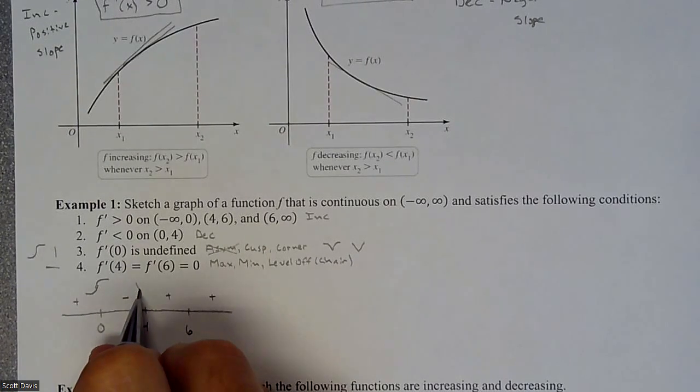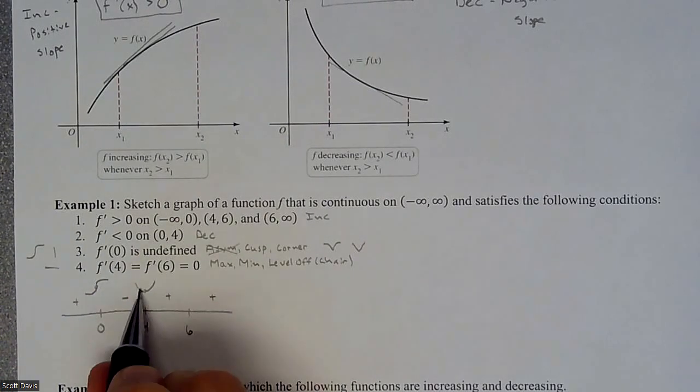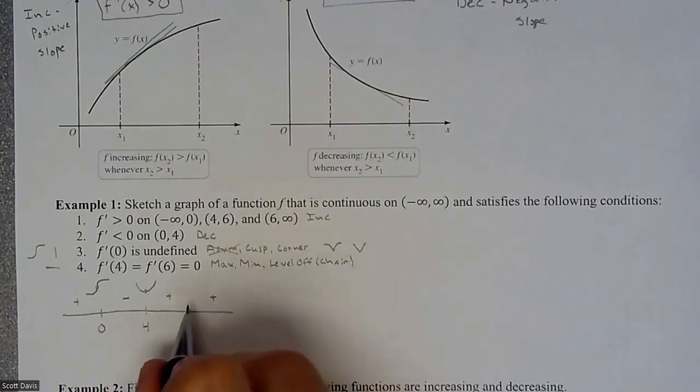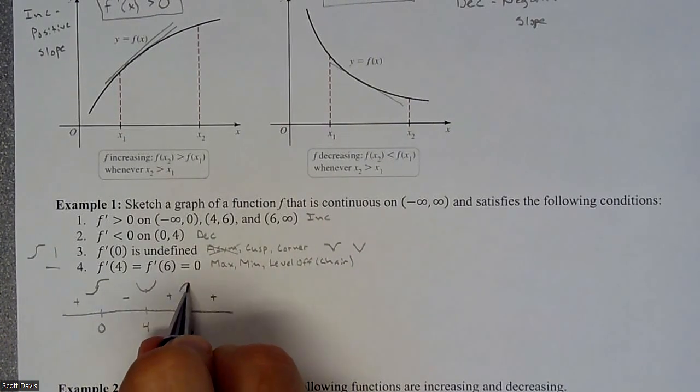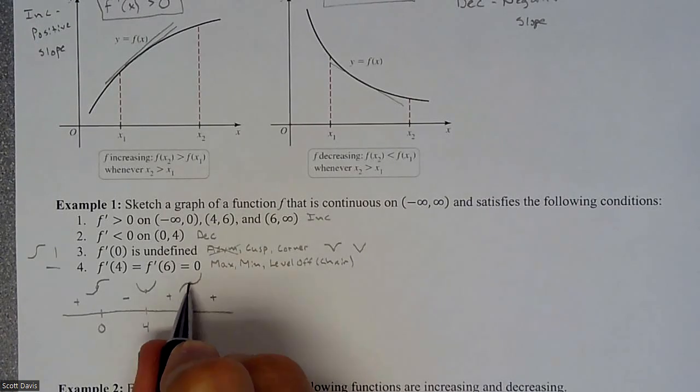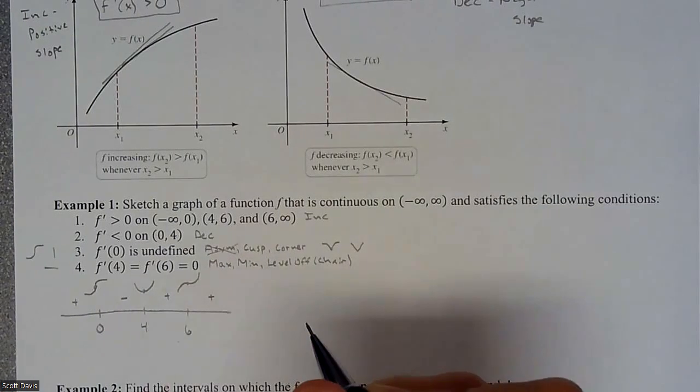So it was going down, and then it hit a slope of 0, and then it started to go back up, because it was decreasing and then increasing. And then at 6, we have a positive slope, then hitting a slope of 0 at 6, and then it goes positive again. So that's the chair idea, that it levels off for a second, but then it keeps on going up. So it's not a maximum, it's not a minimum, but it does hit a slope of 0.